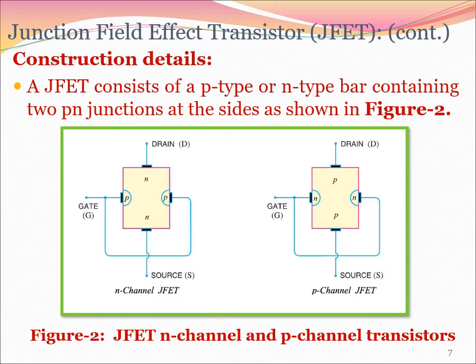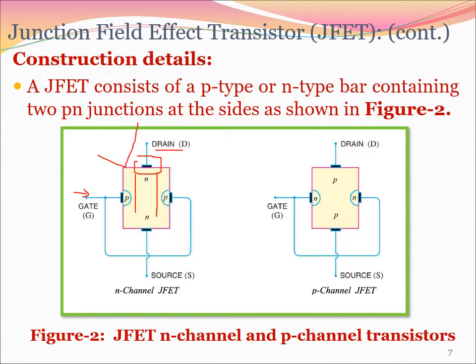This is the construction of JFET. On the left side, you can see that we have an N-type bar, and we have two junctions. Both are P-type, and we can see that there are three ohmic contacts. Actually, there are four, but these two terminals are internally connected, and you just have to apply voltage from outside to a single ohmic contact.